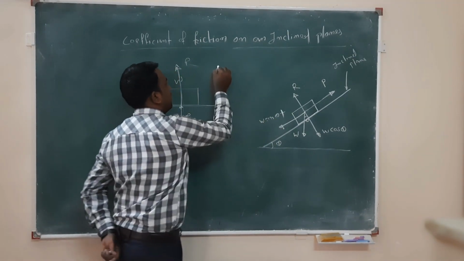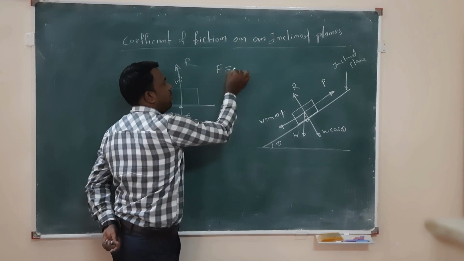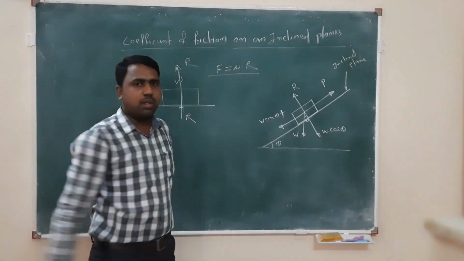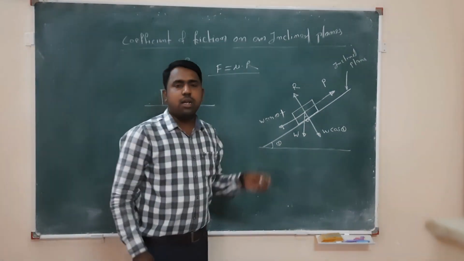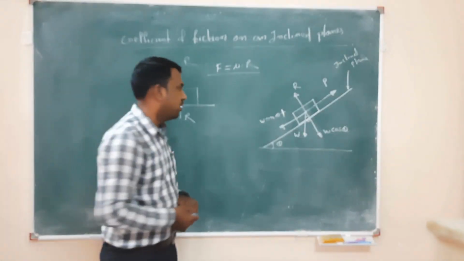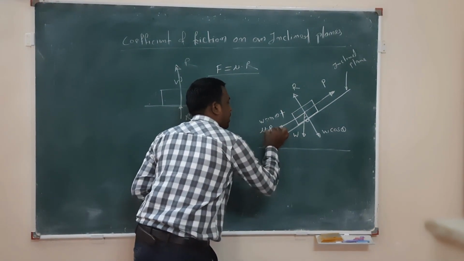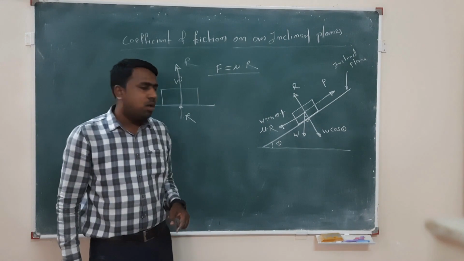Frictional force is given as F equal to mu into R, where R is the normal reaction. You know that frictional force is mu R.